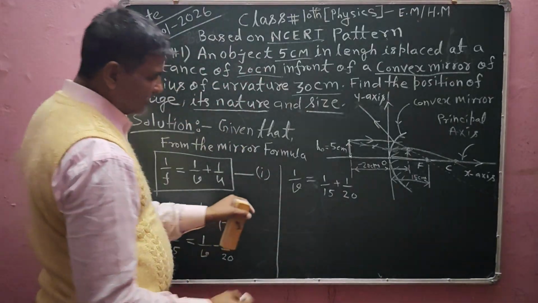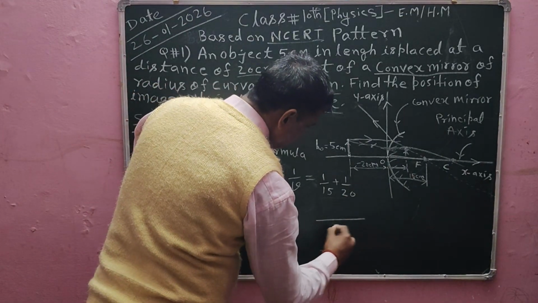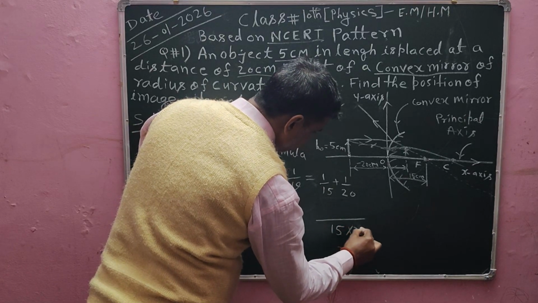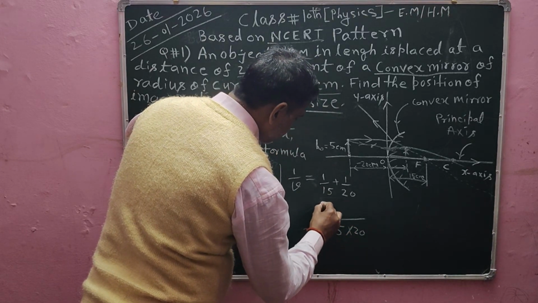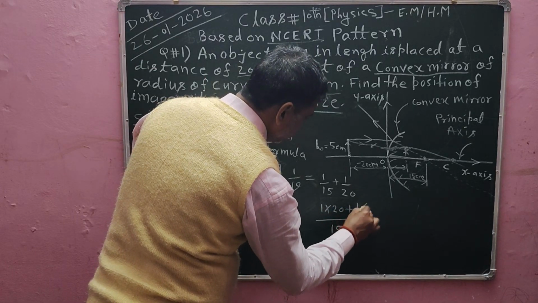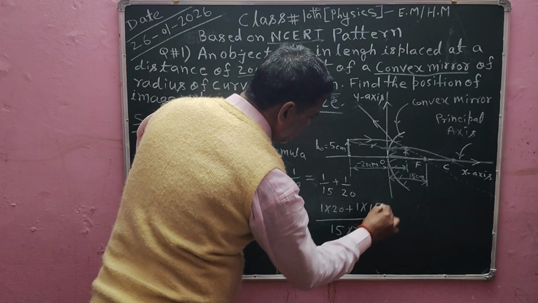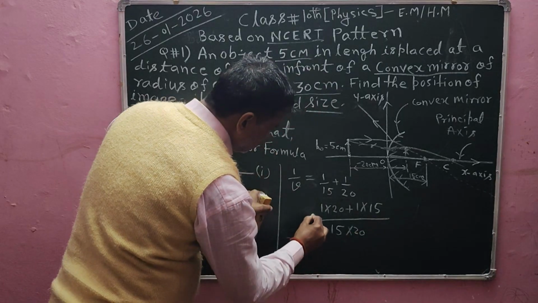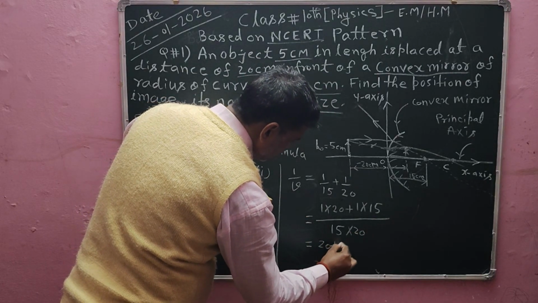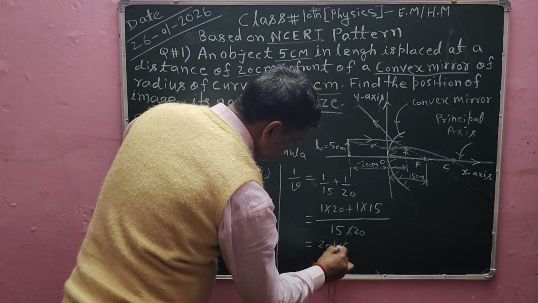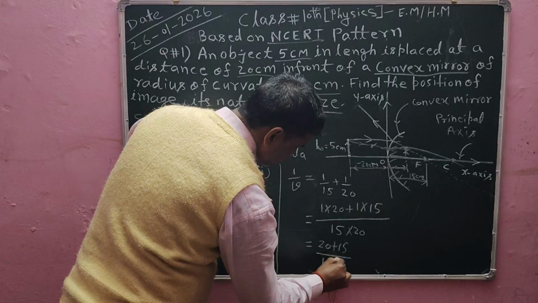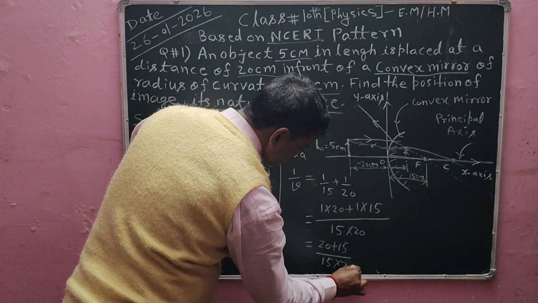So I will take here the LCM of 15 and 20. So I will multiply 1 into 20 plus 1 into 15. After simplifying I will say 20 plus 15 divided by 15 into 20.